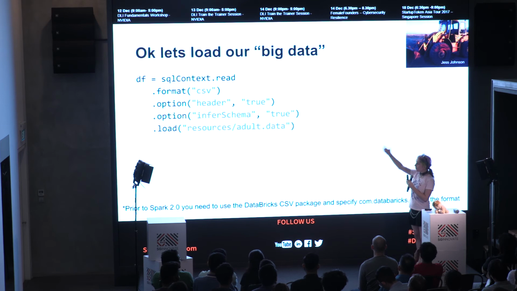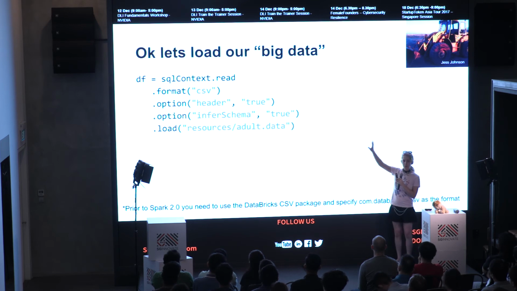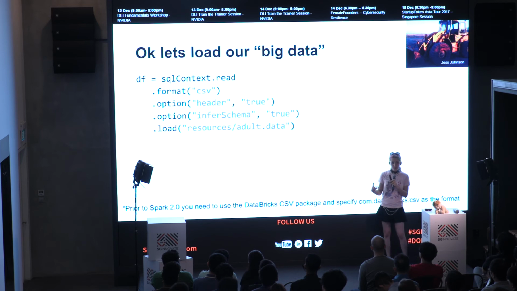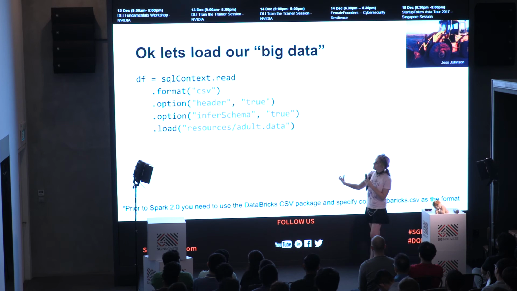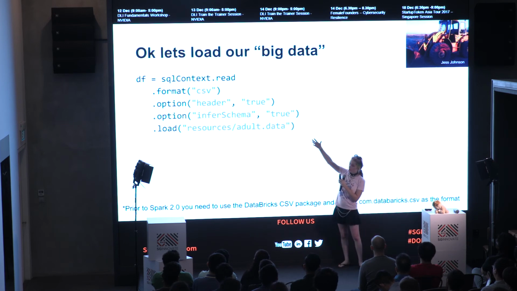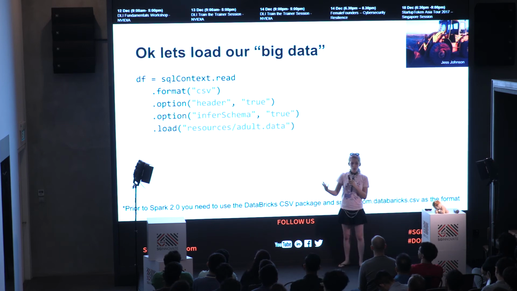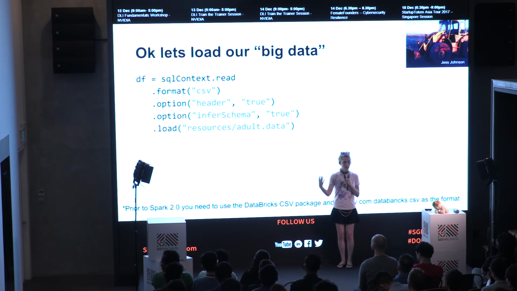One of the nice things, inferring a schema from CSV data is not that impressive, right? But inferring a schema from JSON records is kind of impressive because that is terrible. And so one of the nice things that the SQL context can do in Spark is it can dynamically sample the records, figure out what the variance is, and then sample a bunch more records and tell you what the schema of your data probably is.